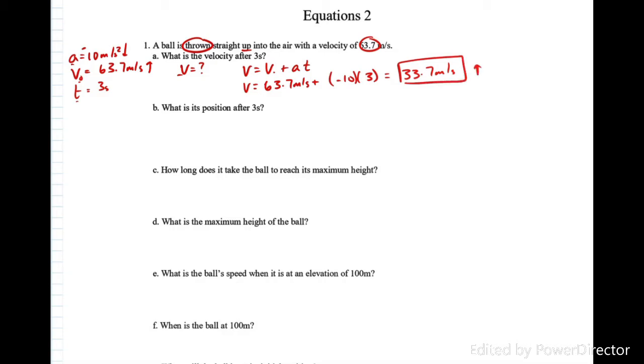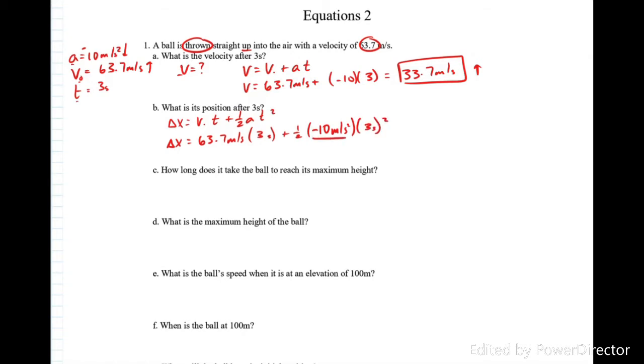What's its position after 3 seconds? Well, with this, we have all of the information except for position, so we can say change in position is initial velocity times time plus 1/2 acceleration times time squared. So that change in position is going to be 63.7 meters per second times 3 seconds plus 1/2 times the acceleration, which is negative 10 meters per second squared, times the time of 3 seconds, whole quantity squared.